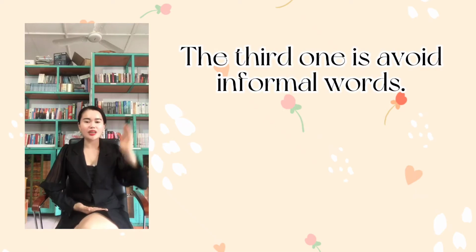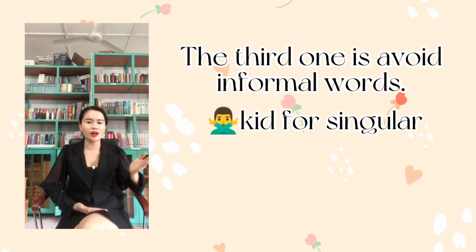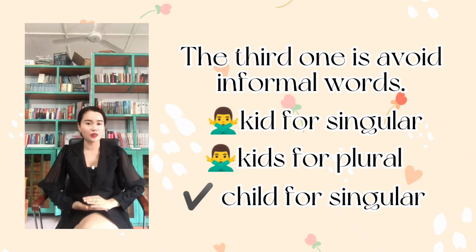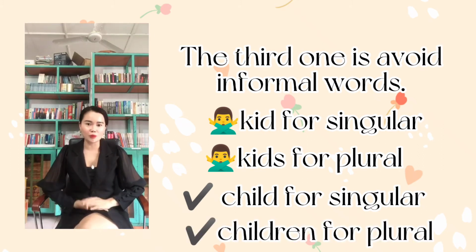The third one is avoid informal words. I'm giving you an example. The word kid for singular, kids for plural. Instead of writing kid or kids, we may want to write child for singular, children for plural.